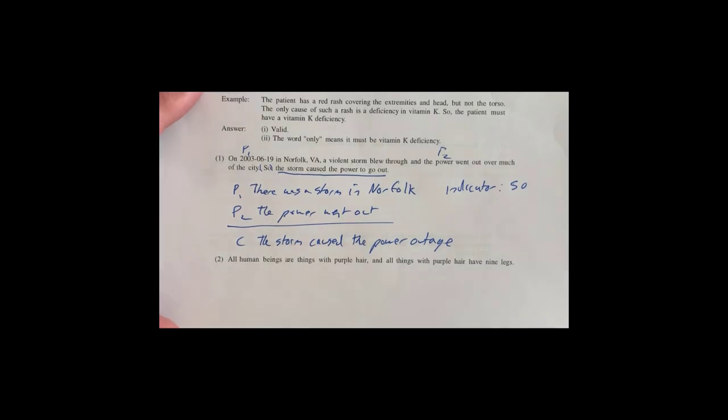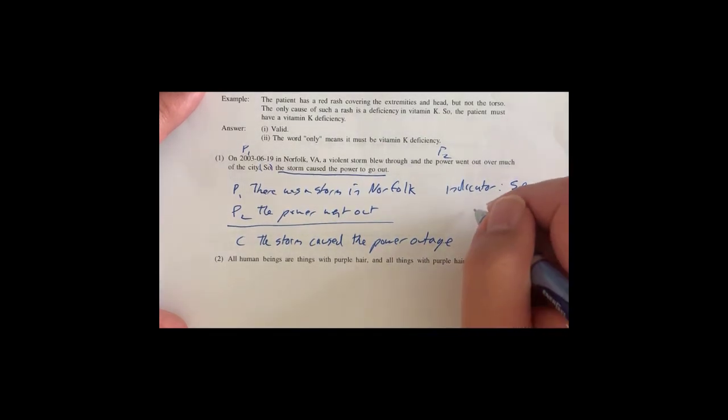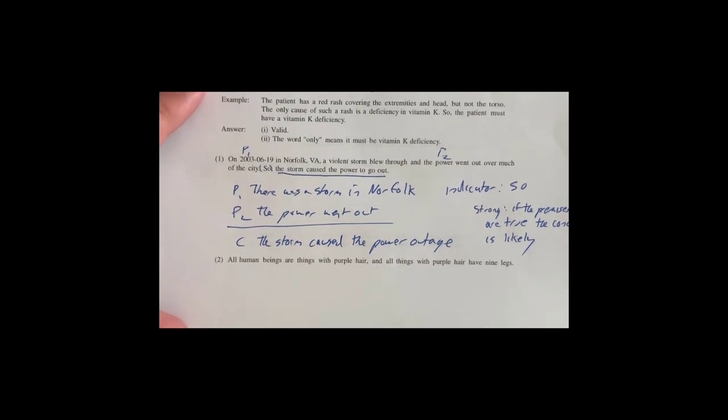We all know from ordinary experience that severe weather downs power lines and causes power outages. So we're going to say strong: if the premises are true, the conclusion is likely. And I could spell that out further by just asserting all the details that I just did.